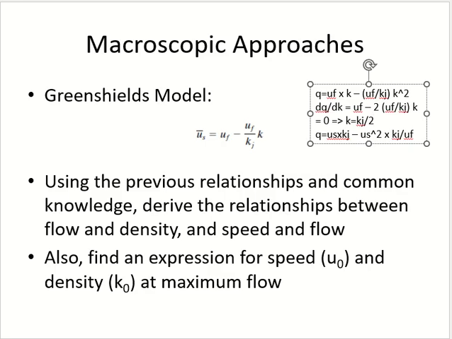So same thing will happen. dq over dUS is US minus 2 into kj on uf, and this becomes equal to 0, right? So US is what?